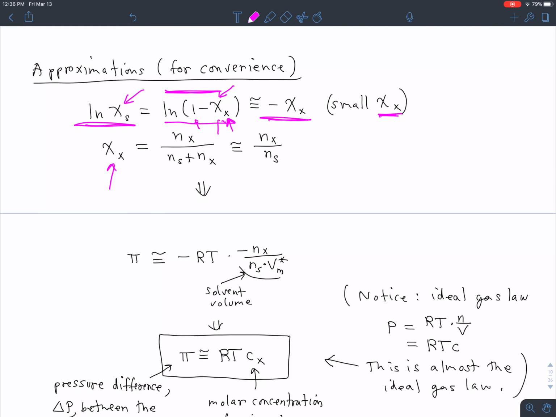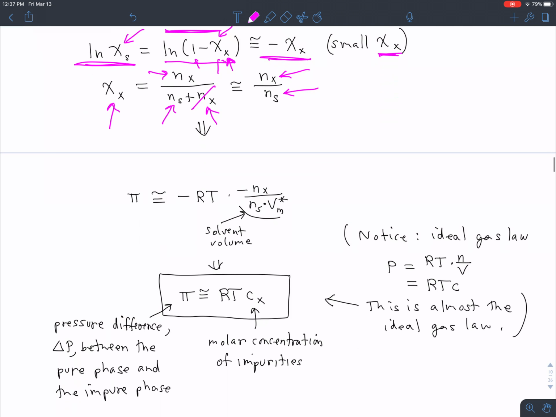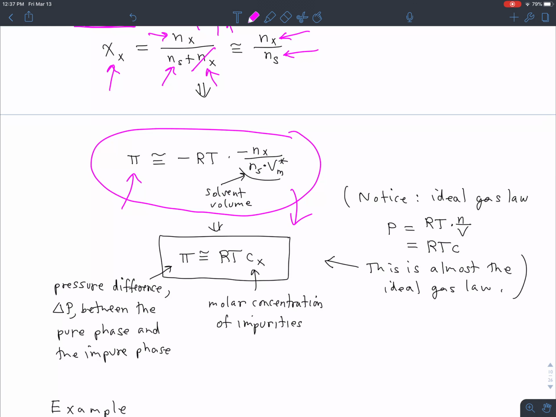Then you can say that that mole fraction is equal to the number of moles of impurity divided by the number of moles of solvent plus the number of moles of impurity. If the number of moles of impurity is small, as it almost always is, that's approximately moles of impurity over moles of solvent. And now we plug all of that into our earlier formula for the osmotic pressure, and doing a little bit of algebra and identifying the fact that this quantity is just the solvent volume, right?